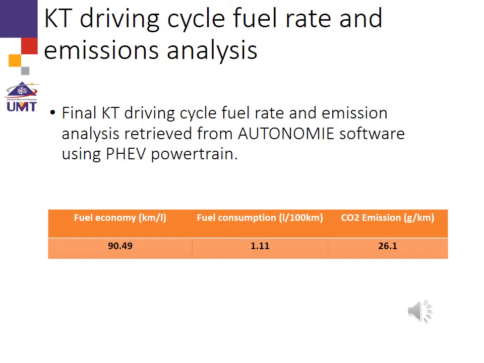Final Kuala Terengganu driving cycle fuel rate and emission analysis retrieved from Autonomie software using a PHEV powertrain. The fuel economy is 19.49 km per litre. Fuel consumption is 1.11 litre per 100 km, and CO2 emissions are 26.1 gram per kilometer.